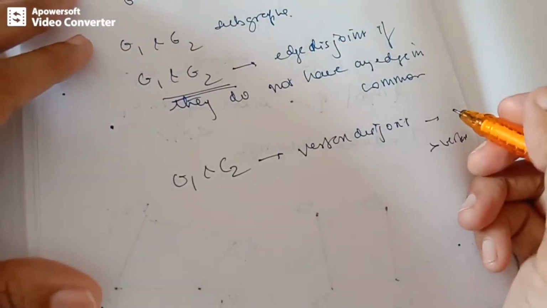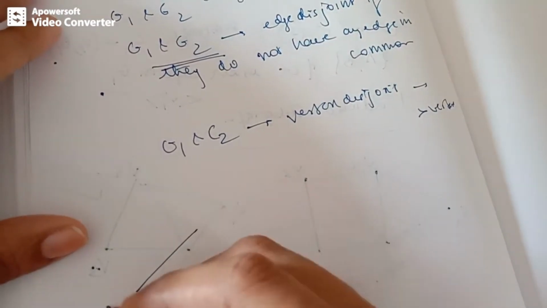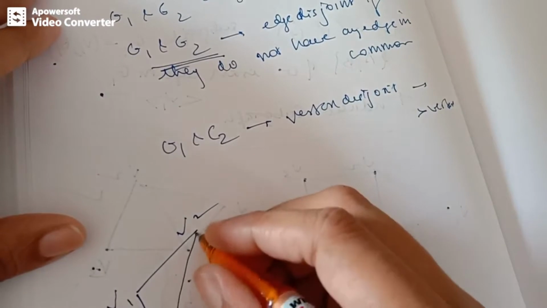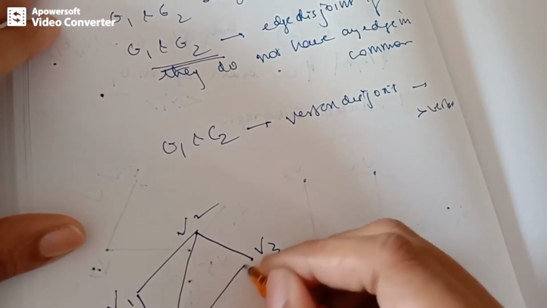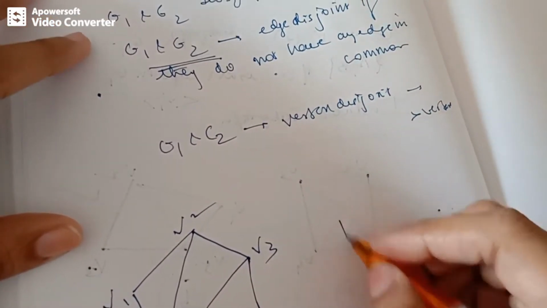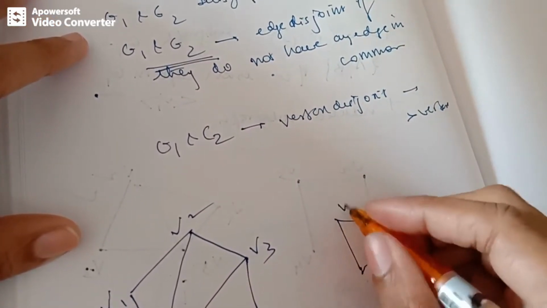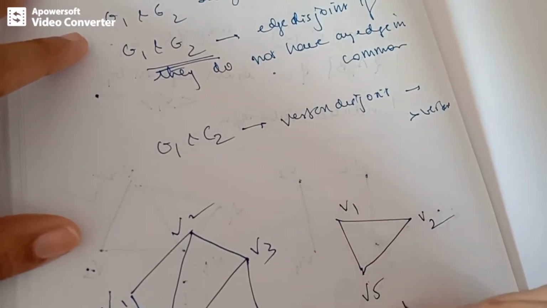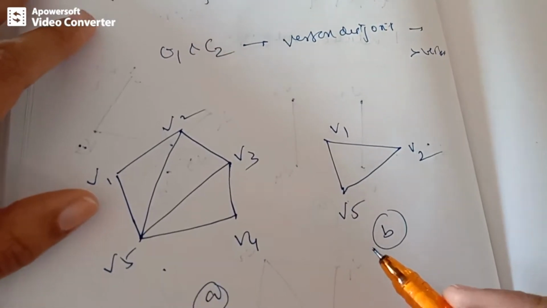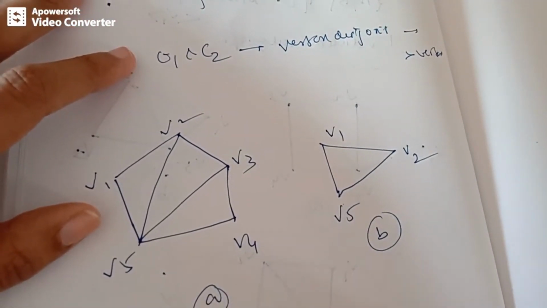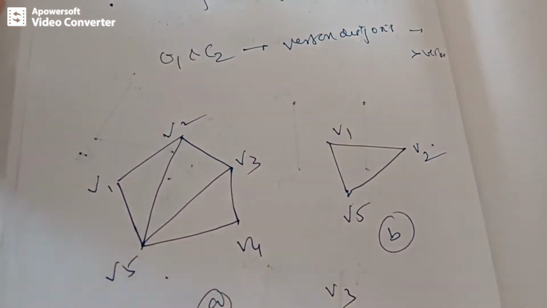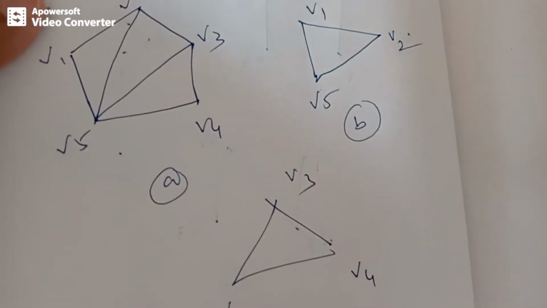Okay, let's take the example. So this is the original graph. These are the two graphs which I take for comparison. You can just infer that these are the three graphs.